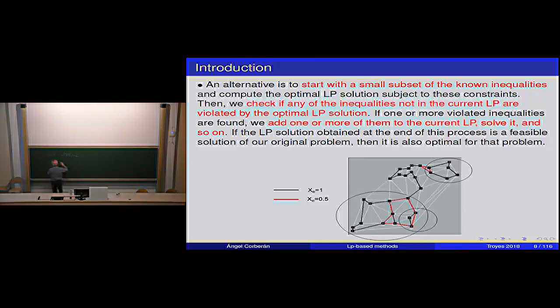This is an inequality that should be added for any subset of vertices, and the number of subsets of vertices is exponential.